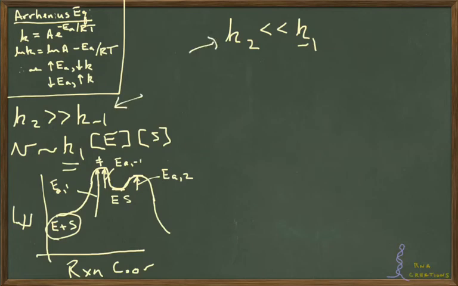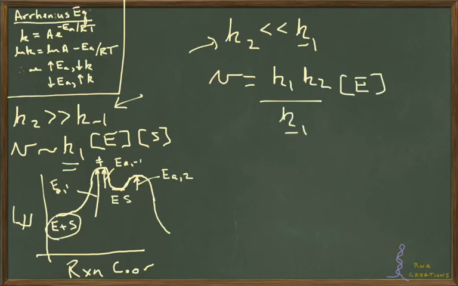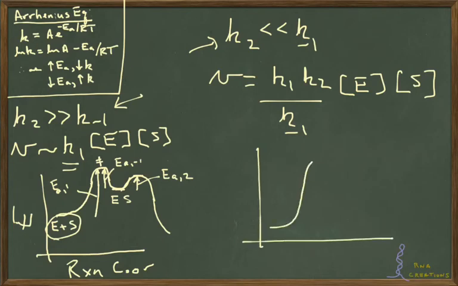And we said on the previous slide that when that was true, the velocity was equal to what? k1 k2 over k-1 times E times S. And so we can go ahead and draw the reaction diagram for this. So I go up, and then I know I need to stop here because I'm at subsaturating conditions. But now we know that k2 is slow compared to k-1, so this barrier needs to be higher. So now it comes down like that.